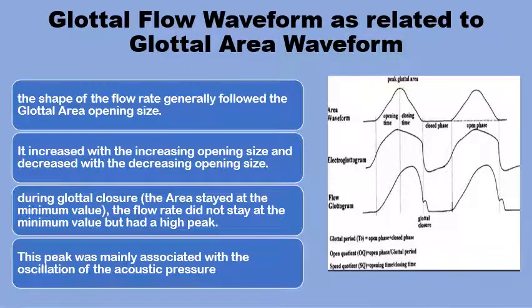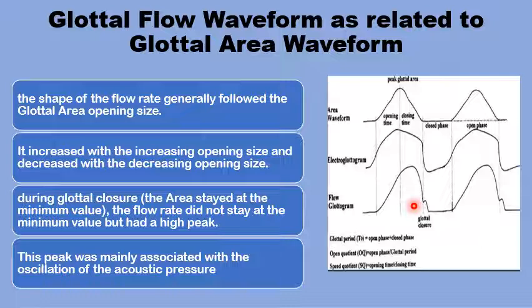These charts here would demonstrate the similarities and the differences between the glottal flow waveform, the bottom trace in here, and the glottal area waveform as registered from an electroglottogram, the second trace in here. You could see the obvious similarities between the two traces as expected.